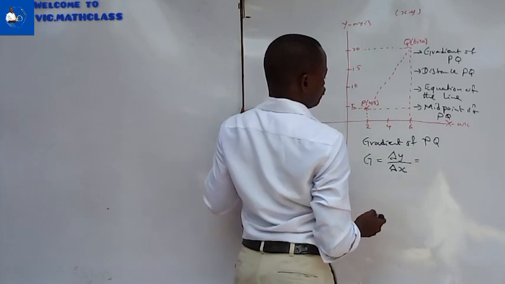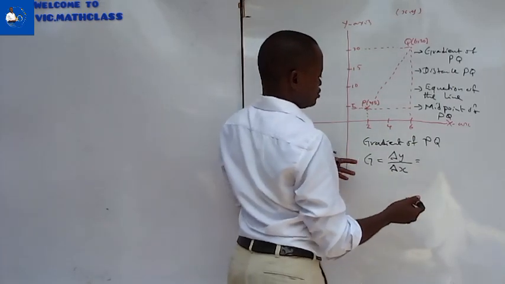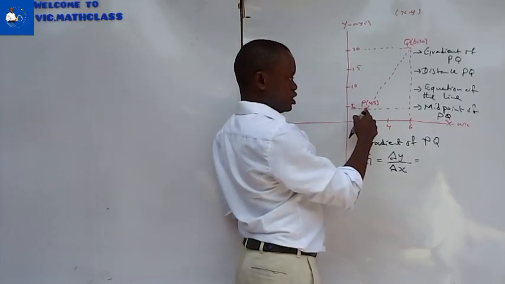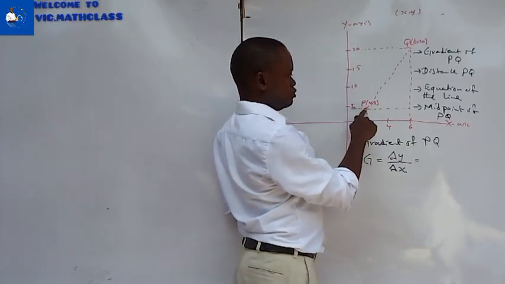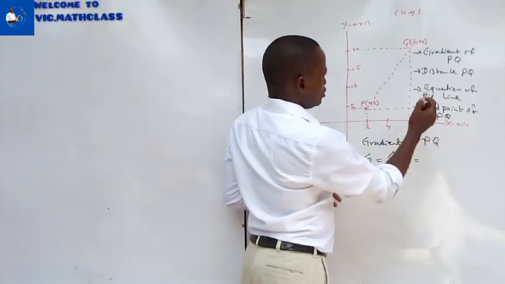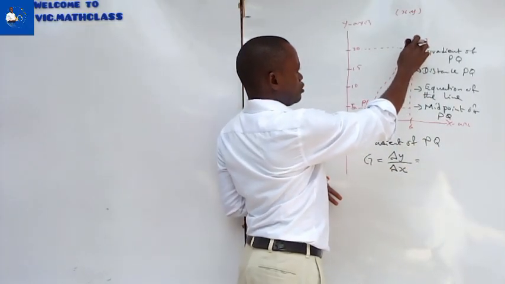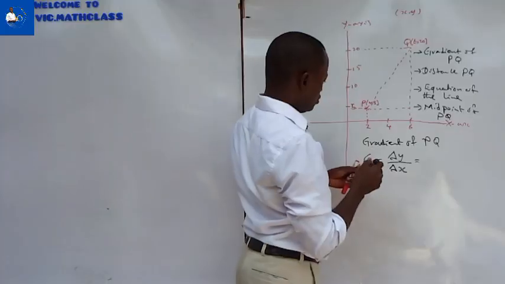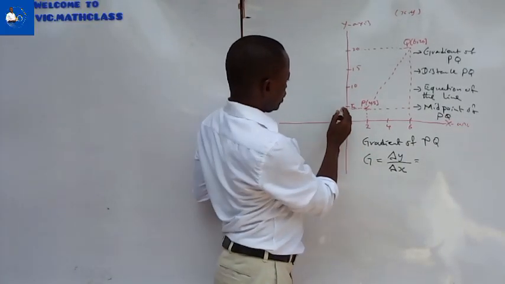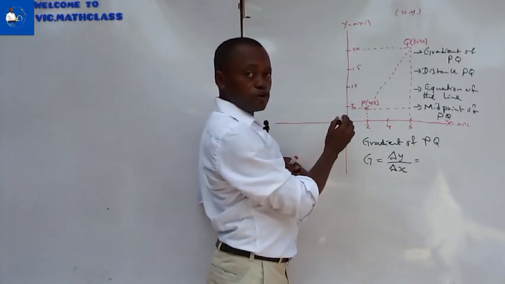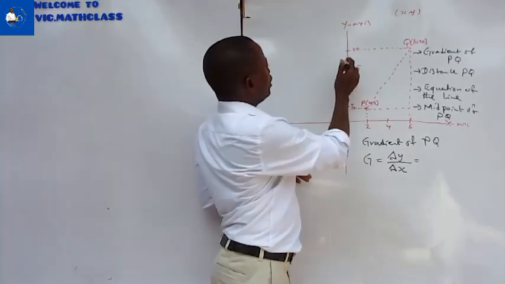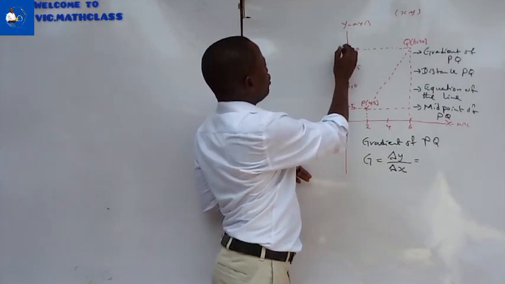And this thing, we can find it as the increment in y axis. The increment in y axis is that from here now, y is 5 to here, there is now an increment. Let me bring in something that can also help us. At this point, I can call here the initial value of y, y1, and here the final value of y, y2.